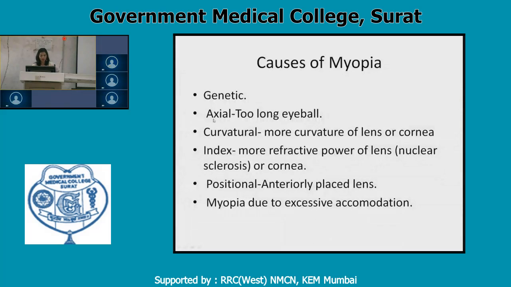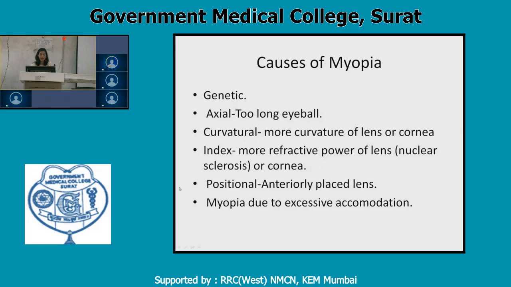The axial cause is a too long eyeball, when the anteroposterior diameter of the eyeball is big. You must have noticed those who wear glasses with a very high number have a bulging eye. That is due to the increase in anteroposterior diameter, and the image is formed in front of the retina. So that is one cause, axial myopia.